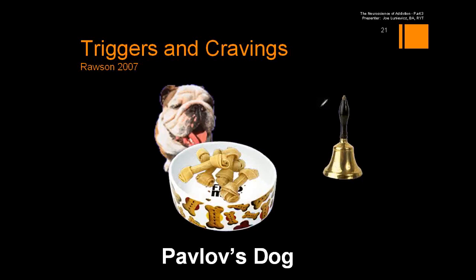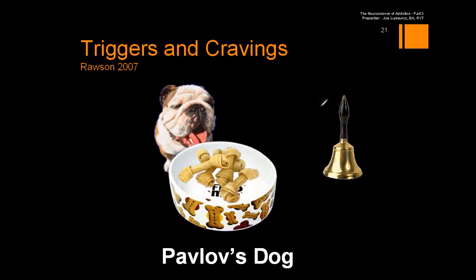So when a trigger causes a person to experience cravings, the brain responds as if the actual chemicals are taken into the system. In other words, the brain is drooling in reaction to these triggers. So this reaction occurs, like I said, whether or not the person intends to use. And the only way that Pavlov's dog could avoid drooling was by avoiding the bell.